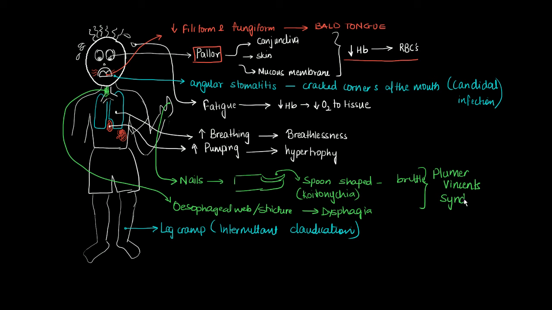So Plummer-Vinson syndrome is nothing but iron deficiency anemia with koilonychia and esophageal web stricture, which is very commonly seen in postmenopausal women. This combination of features was reported by Plummer and Vinson, so the syndrome is named Plummer-Vinson syndrome. So these are the most common presenting features of iron deficiency anemia.